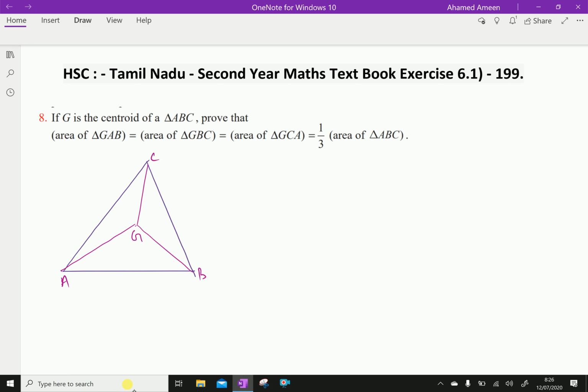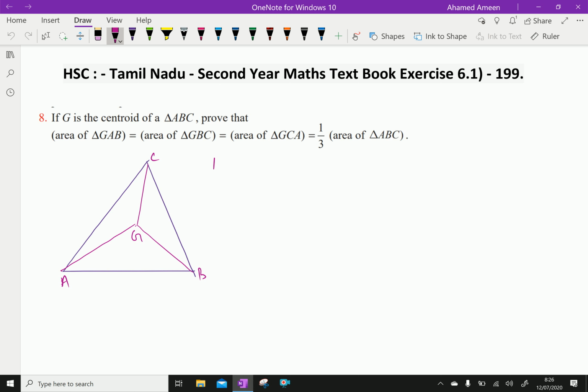Now the position vectors of points A, B and C are vector A, vector B and vector C respectively.